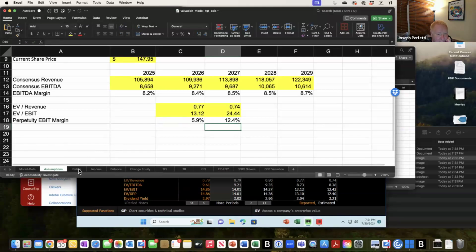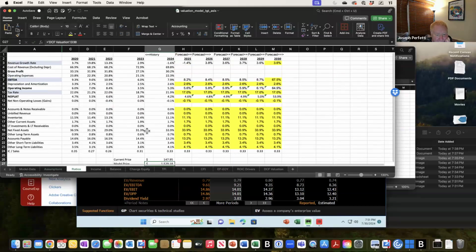All right, now we'll go to ratios. Just remember, we are dealing with the as is for Nvidia, which means this EBITDA margin spikes to 67.5% in perpetuity. Okay, because that's what we had for Nvidia. So that number is going to be carried over into this model.